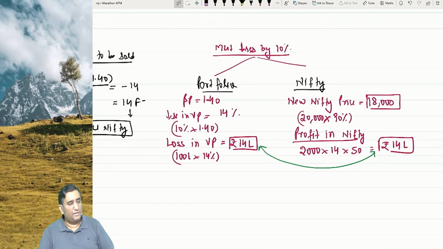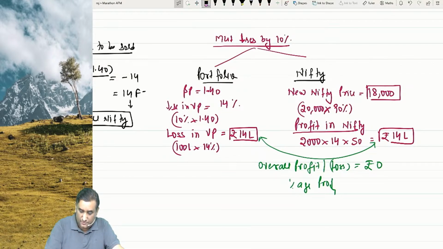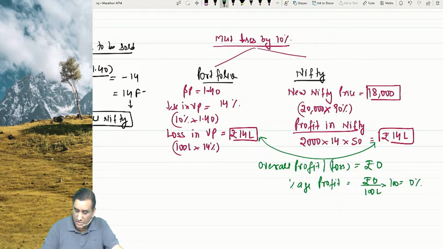Basically, what we'll be doing is one of the formulas of the overall profit, the percentage profit. When the market changes by 10, the net impact on your portfolio, ideally, is 0, whatever you wanted.